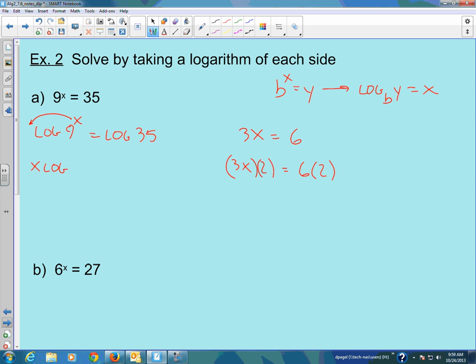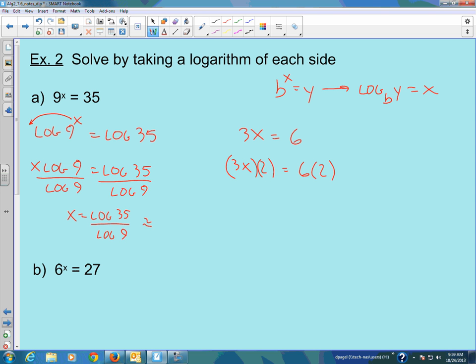And I get x times log base 10 of 9 is now equal to log base 10 of 35. Solving for x just simply divides by the log of 9, and I get log of 35 over log of 9, giving me my solution here.